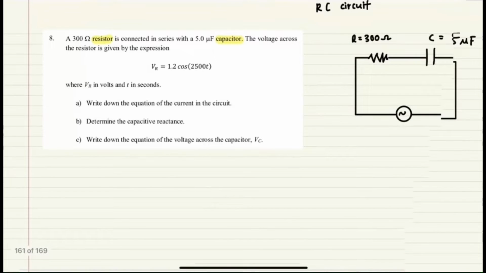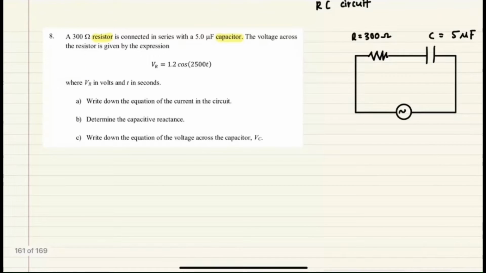So they give you VR. This VR is actually here, across the resistor. VR is in volts and t in kilo-seconds.